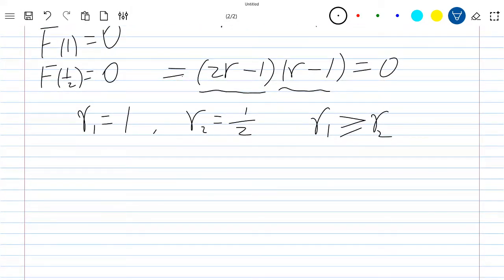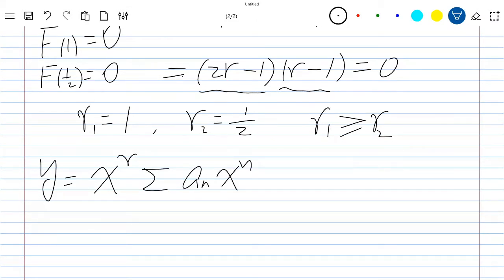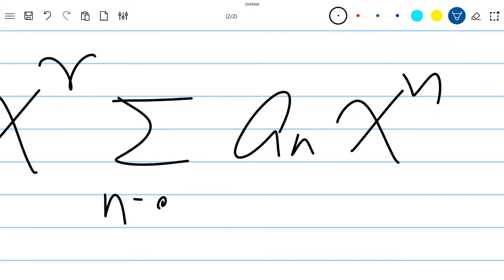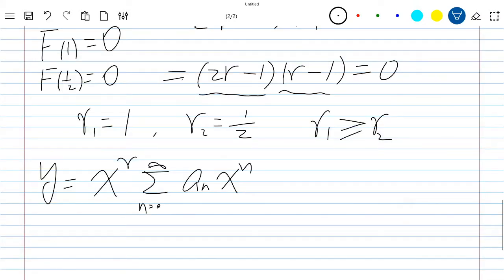Now let's try our test solution. It should be x to the r times the sum of a_n x to the n. Alright, that's the solution for the original equation.